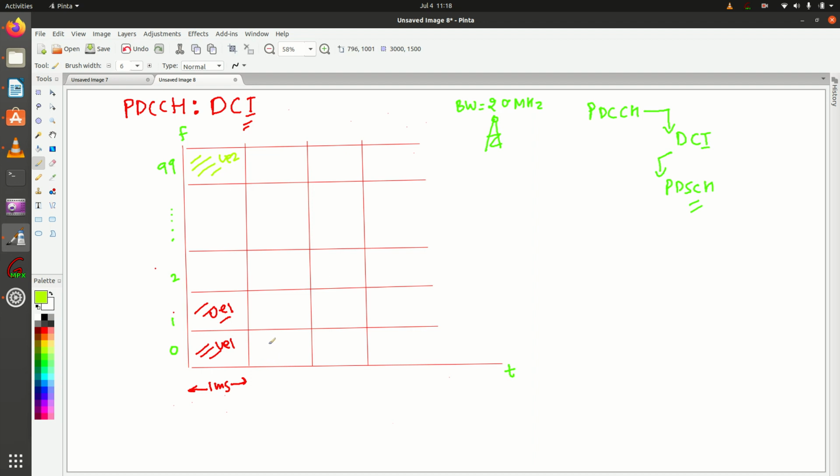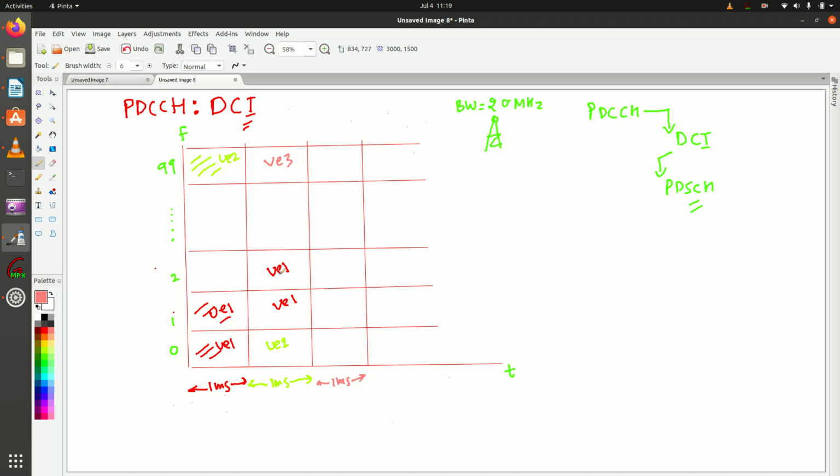In the next 1 millisecond, which we also call a TTI, it's possible that this PRB is allocated to UE2, this is allocated to UE1, this is allocated to UE1, and this is allocated to some other UE3. Again after 1 millisecond the scheduling procedure takes place, and these PRBs are going to be allocated to UE1.